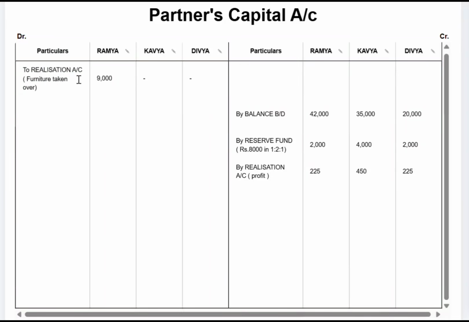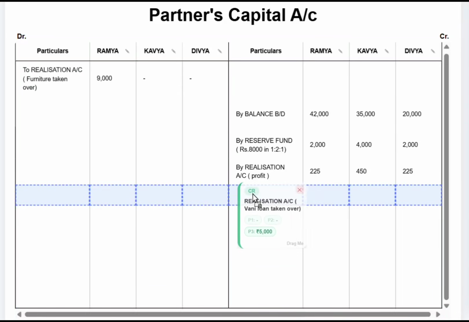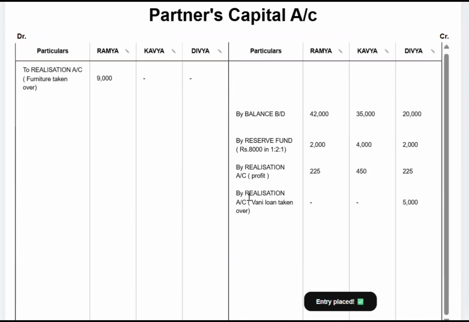Now there is also a liability that is taken over by a partner. So the liability that is taken over will be transferred to that respective partner's capital account. So which will be by realization account: Barney's loan is being taken over by Divya, rupees 5,000. So this is being transferred to the partner's capital account.